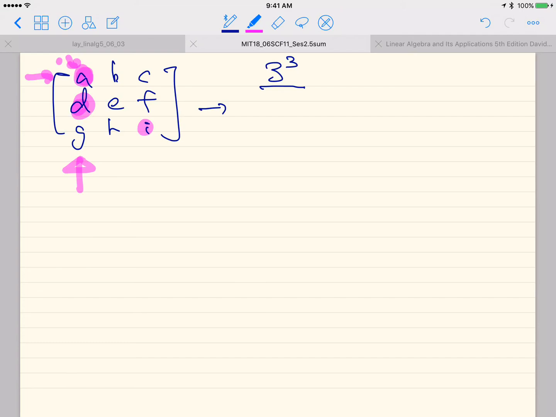Why is it possible? Because we can freely change the rows, right? Although when changing the rows, one row exchange will change the sign of the determinant, the magnitude or the value itself is not changed at all.